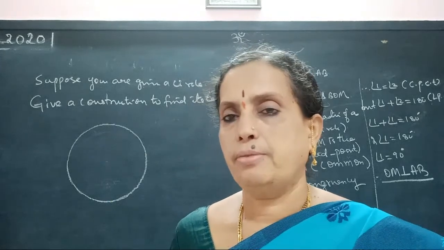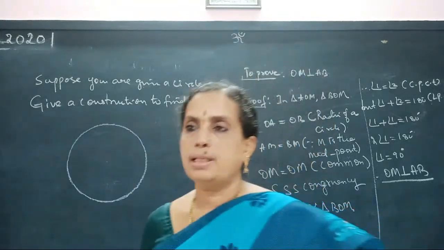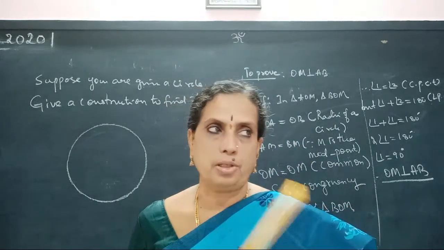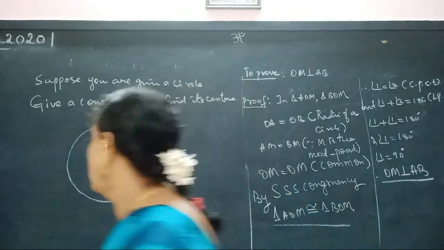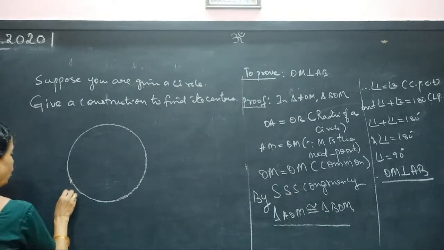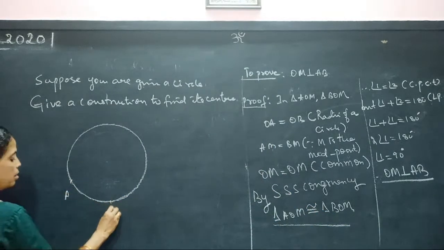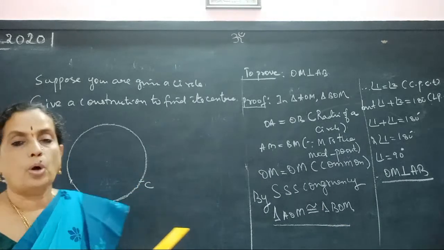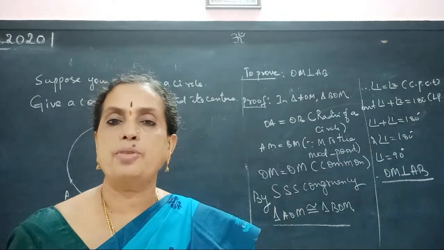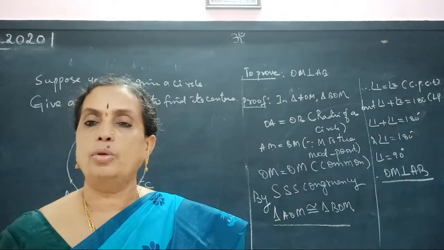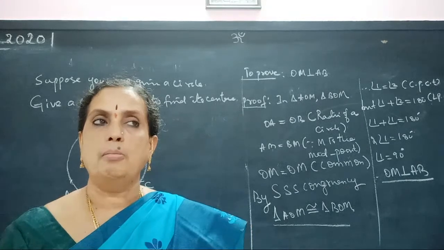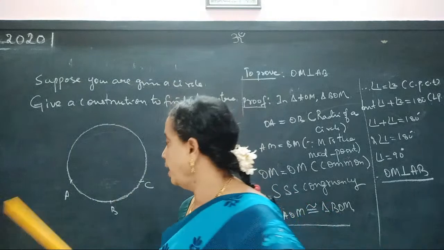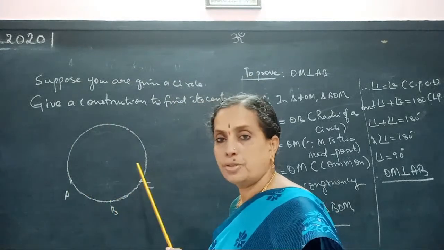Now, the first step here is to draw a circle using any circular object. Second step, take 3 non-collinear points. And you know what we mean by collinear. Points which are all on the same straight line are collinear. Non-collinear means points which are not in the same straight line. Like this, you can take A, B and C.